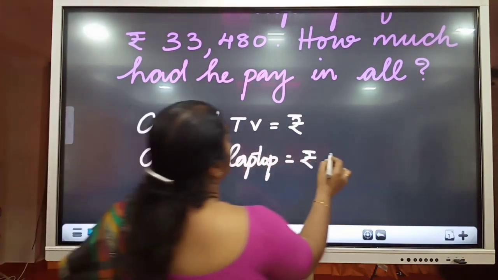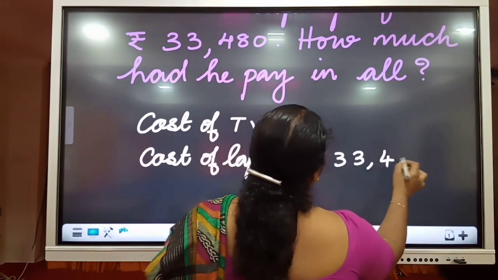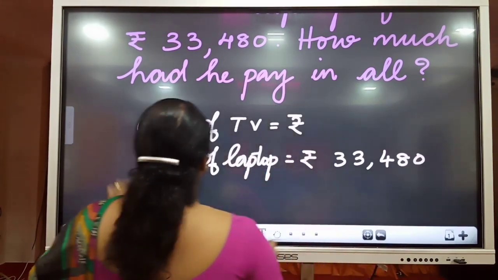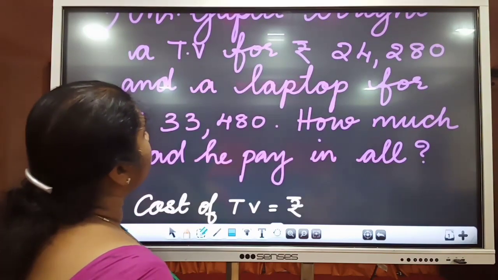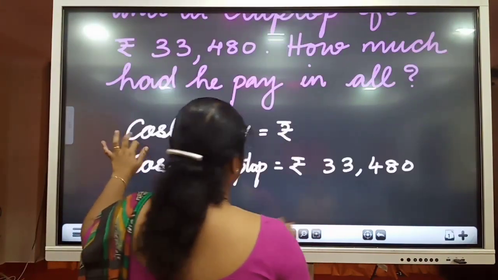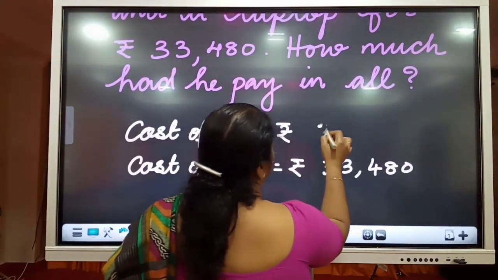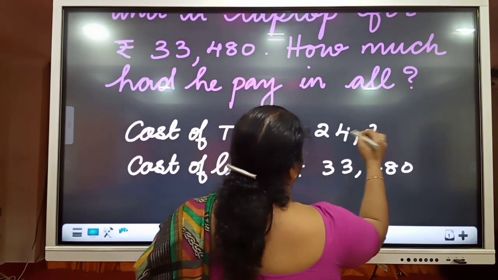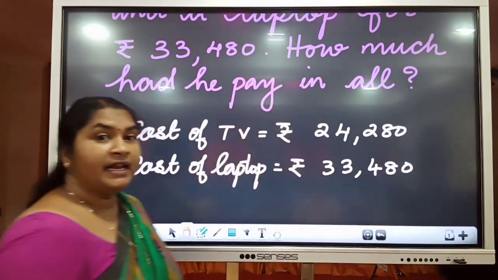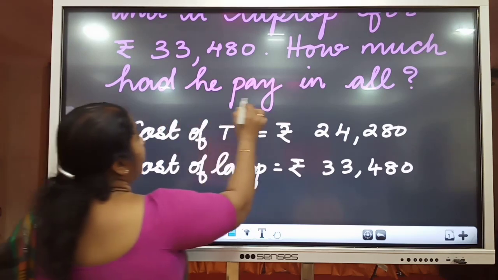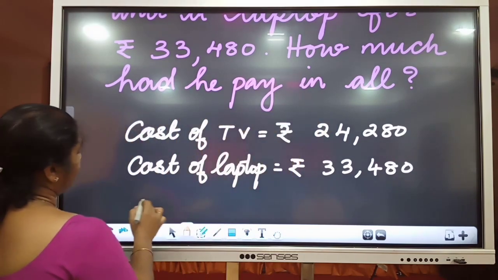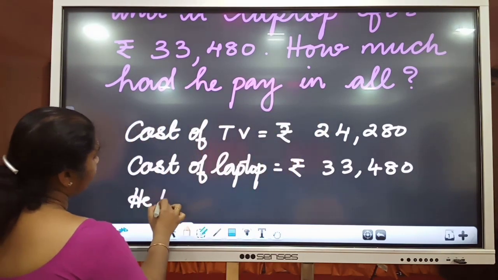Oh, it's given here, 33,480. And what was the cost of TV? 24,280. Now, amount he had to pay in all.